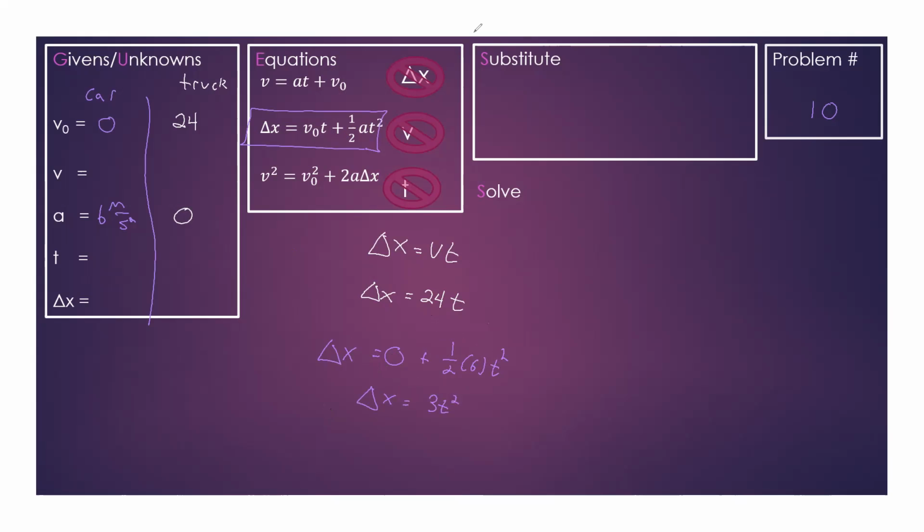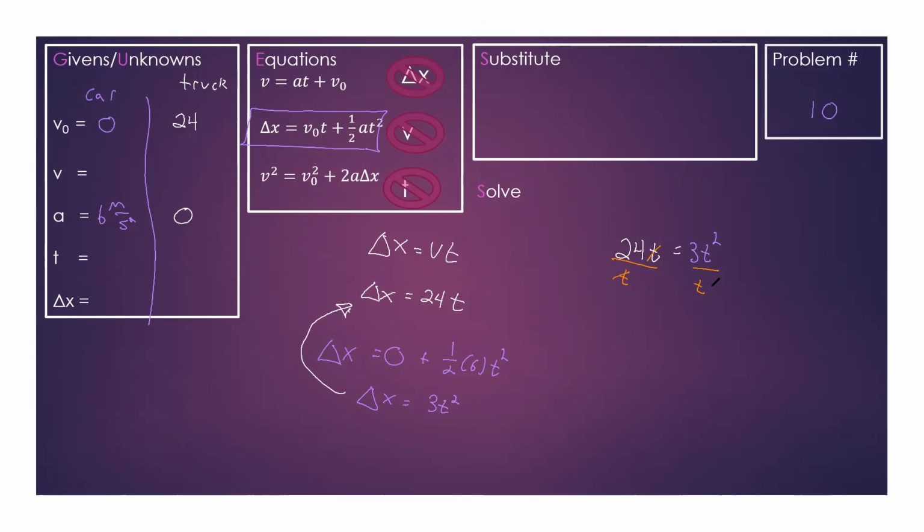So what we can do is say, because both of these are set equal to delta x, we can put them together and say 24t equals 3t squared, and then solve for t. So to do that, I'm going to divide both sides by t.